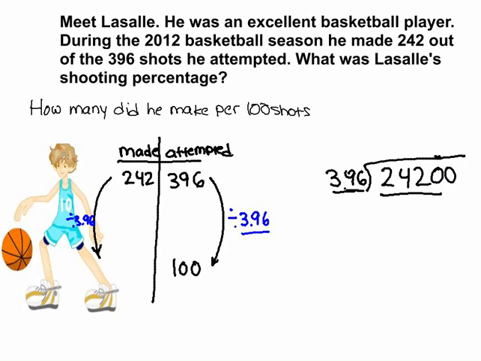Off to the side, you can do some guess and check multiplication. Now I happen to know already that 396 goes into 2,426 times. And I can just show you off to the side. That's 36. 9 times 6 is 54, plus 3 is 57. 6 times 3 is 18, plus 5 is 23. So we would do a little subtraction.